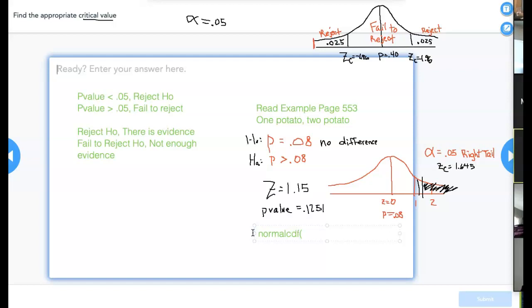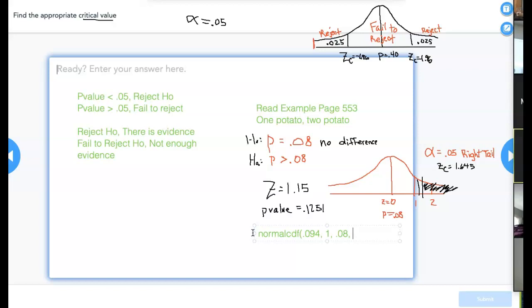I want to know what's the area to the right of 0.094. And we use a big number like 100% of the area, and then the average proportion is 0.08, and the standard deviation for the proportion, I didn't calculate it.